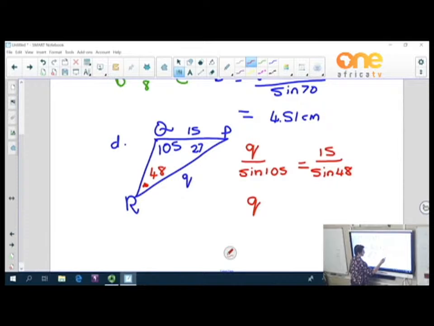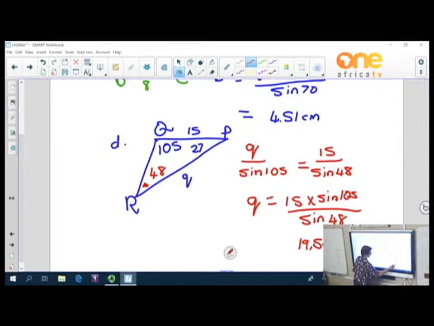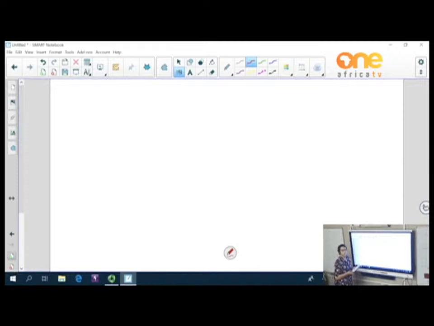Here we do multiplication. 15 times sine 105, divide by sine 48, and the length of Q is then 19.5 centimeters. So these ones were all about finding the side. Okay. Now we're going to look at the next one where we are finding the angle now.